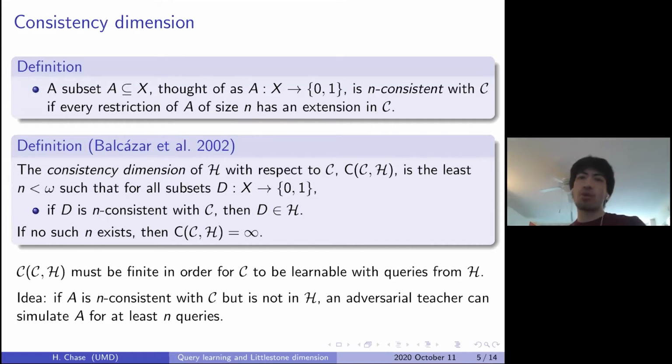But what's going on here? The consistency dimension is a measure of how well we can locally approximate things. The key idea is that if A is n-consistent with our concept class, but it's not in H, then it's possible for an adversarial teacher to simulate this set for at least n queries.